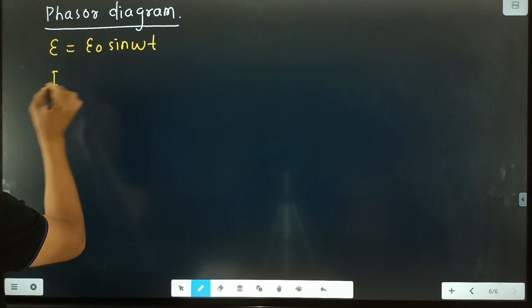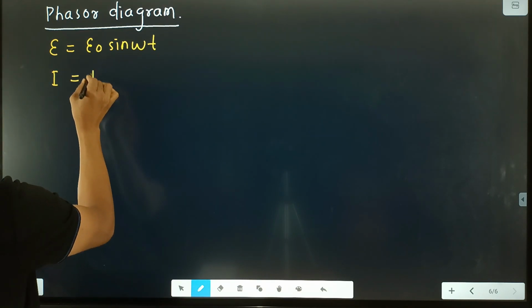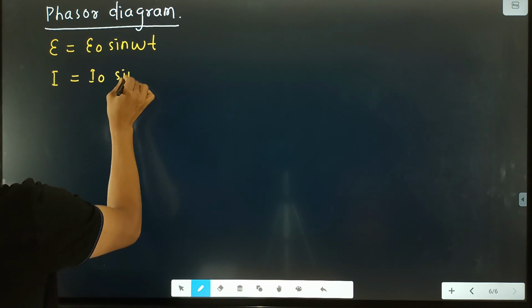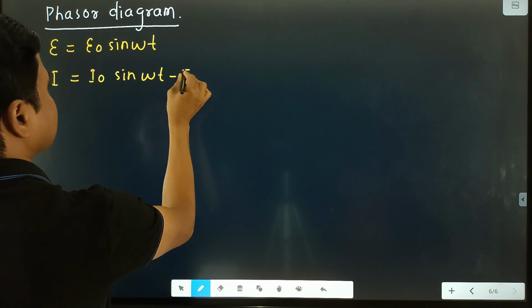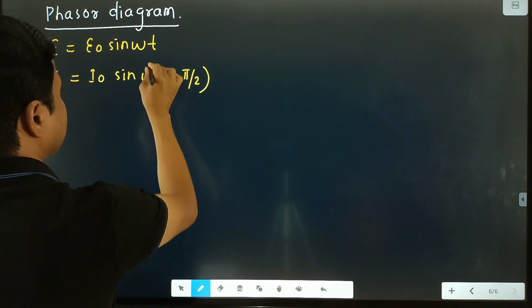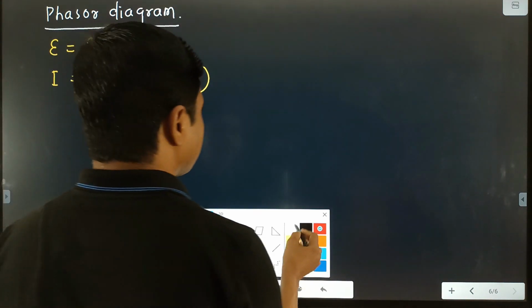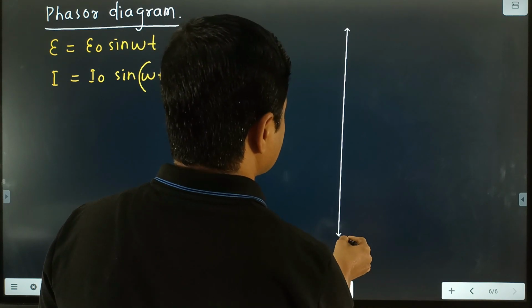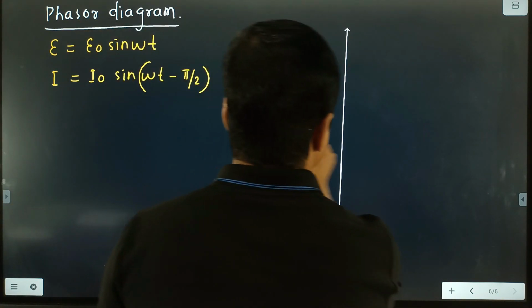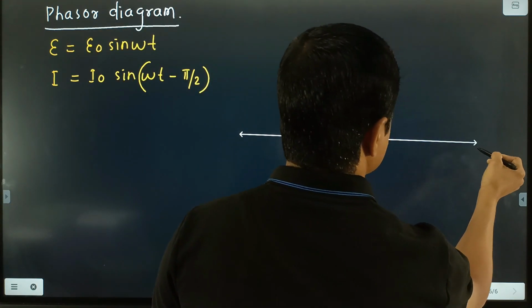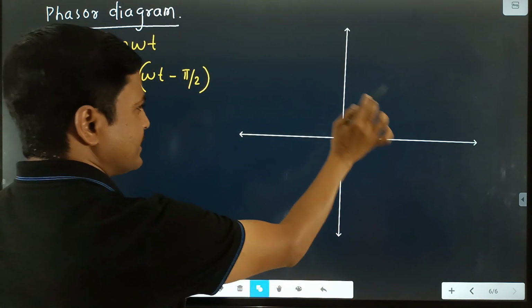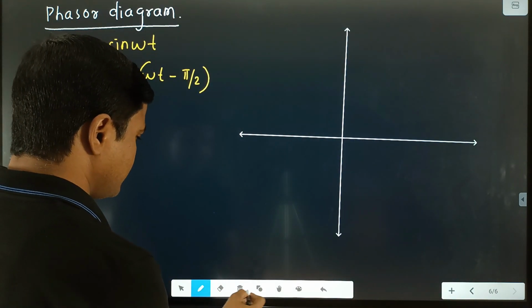Another is the current phasor, that is I0 sin omega t minus pi by 2. Now I take two axes. This one is your y-axis and this one is x-axis.